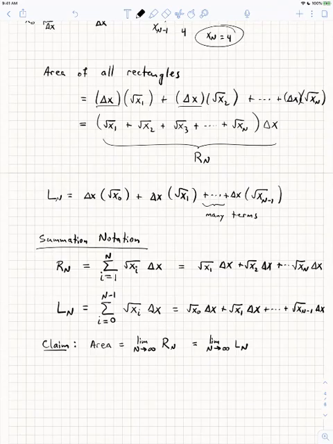So we can approximate the actual area under the curve as nicely as we like by choosing a larger value of n. Now, none of these r sub n's or L sub n's will give you the actual area, but you can approximate it as closely as you like by choosing an n sufficiently large.